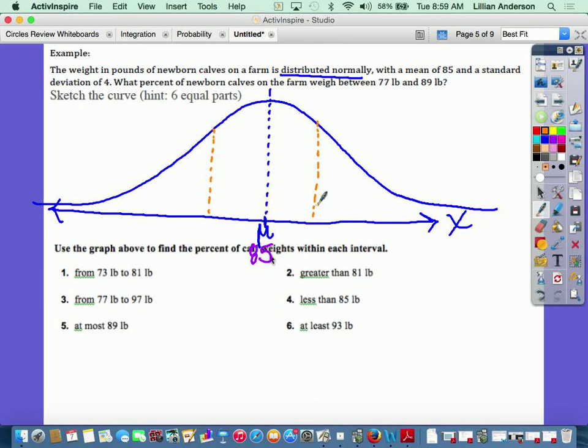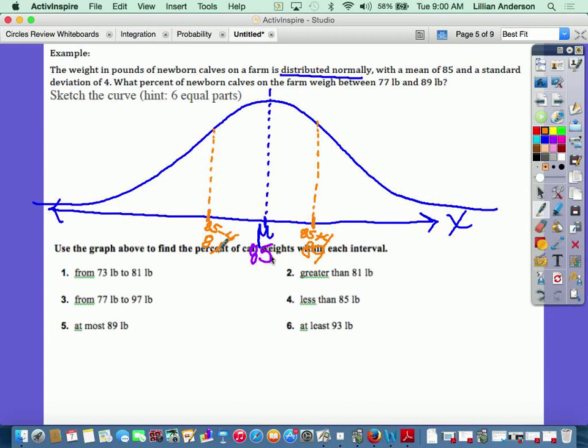And remember, to find this value, you add the standard deviation to the mean. If the standard deviation is 4, you do 85 plus 4, which is 89. To get this point on the left side of the mean, what do I have to do? 85 minus 4, which is 81.